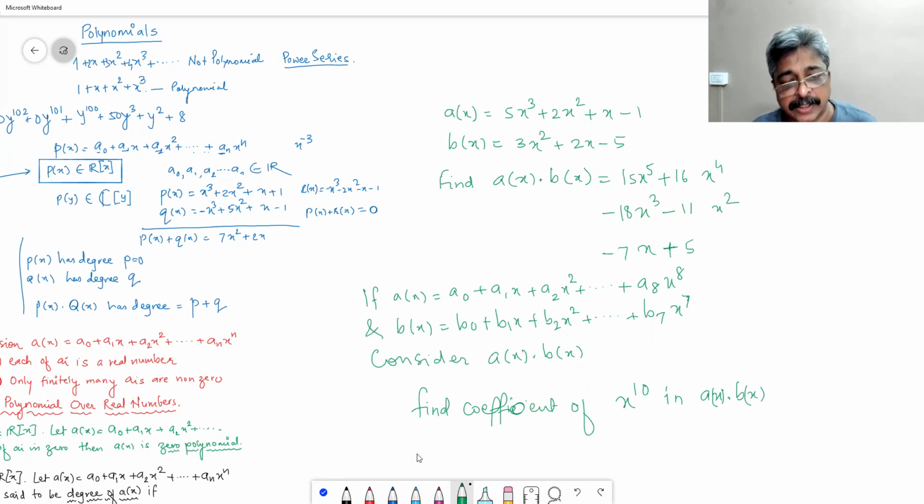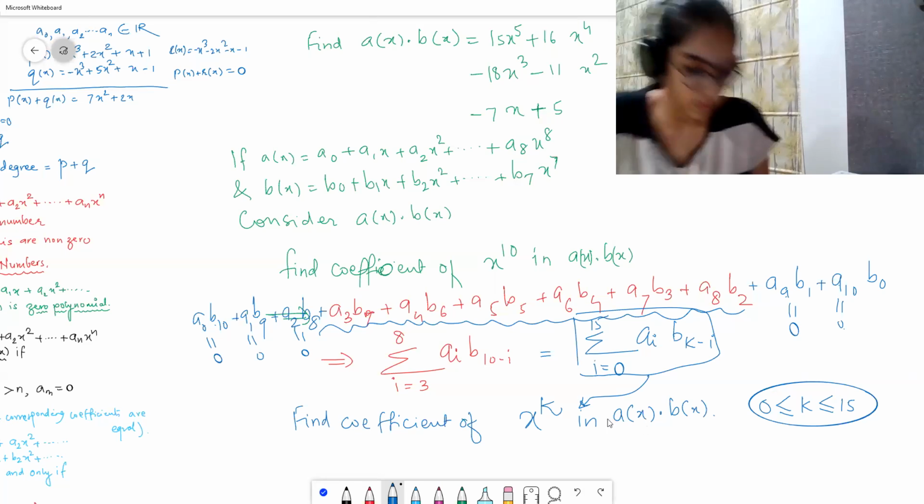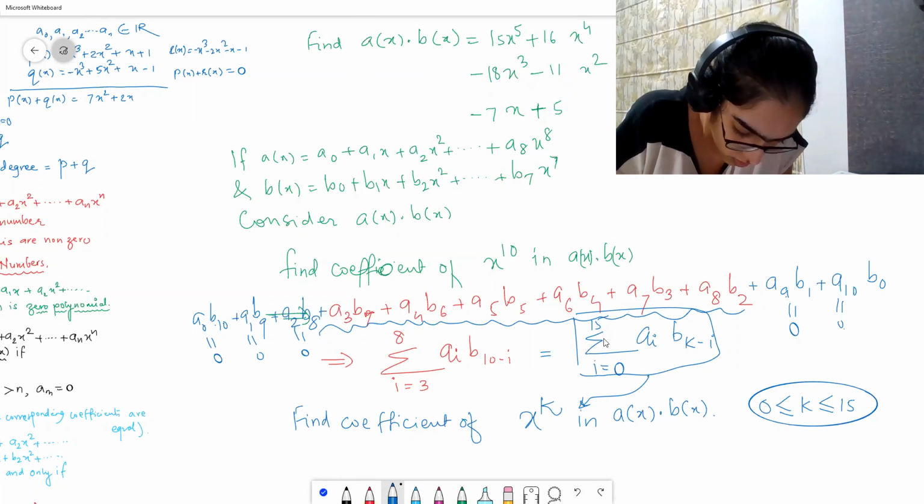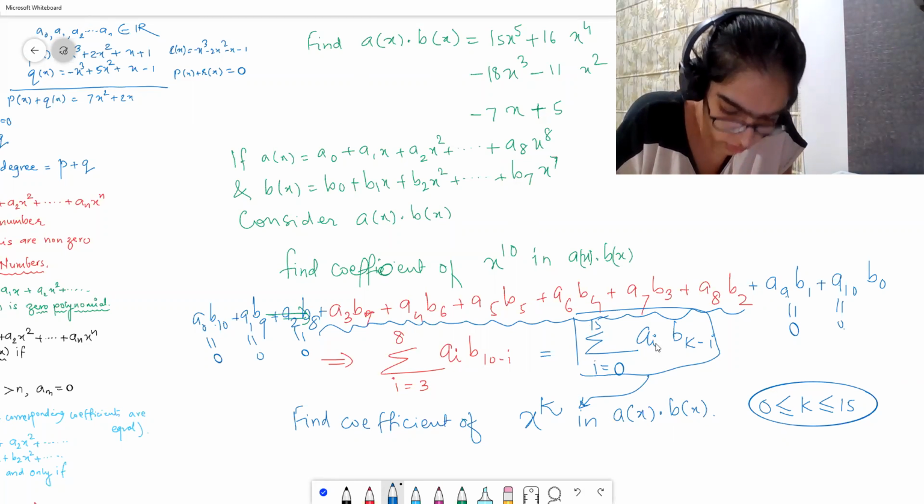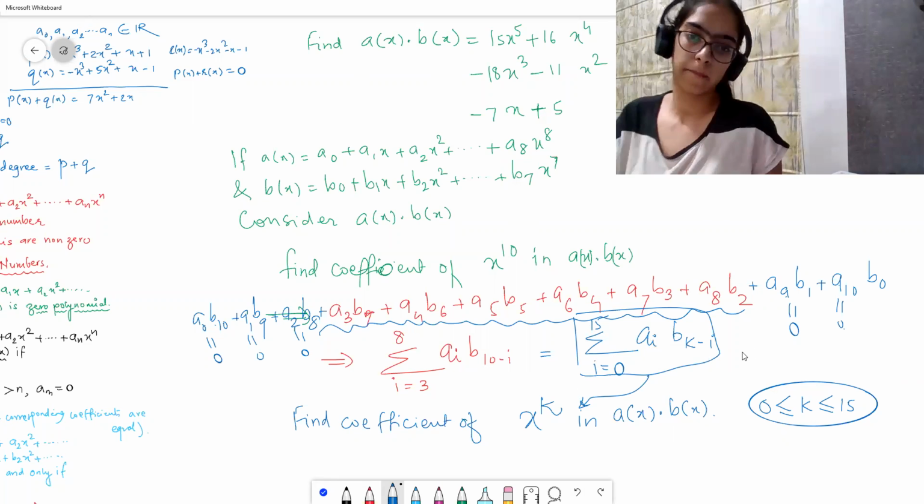Okay, that is what is the exercise. What will be the coefficient of x raised to 10 look like in this expansion? Okay, so the answer for this is sigma i goes from 0 to 15, a_i b_(k minus i).